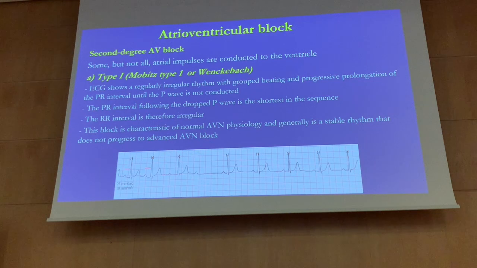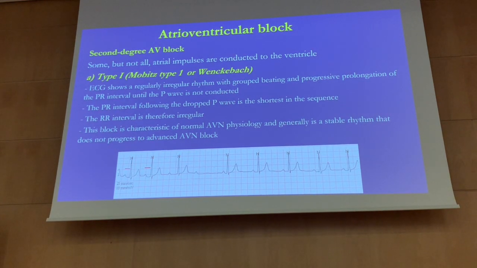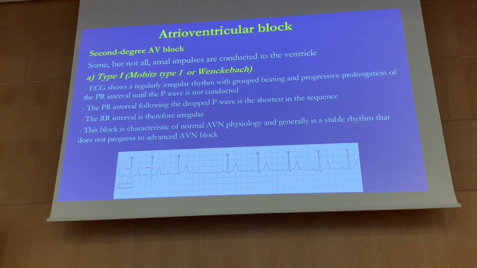Yes, but it is not pathological clinically. It will not give symptoms. If the patient has syncope and you did an ECG and found Mobitz type 1, yes, it is a possible cause, but look for other causes. So it's not all the time pathological, I mean clinically. Clear?